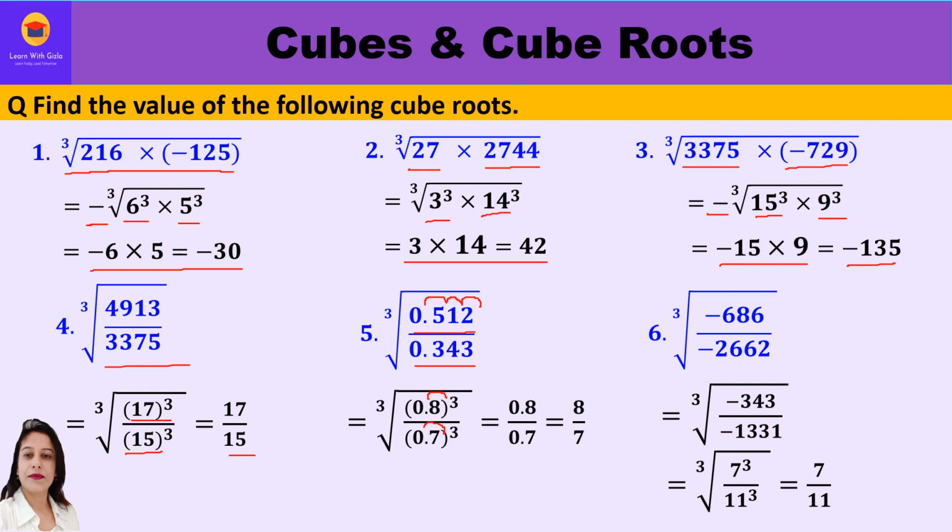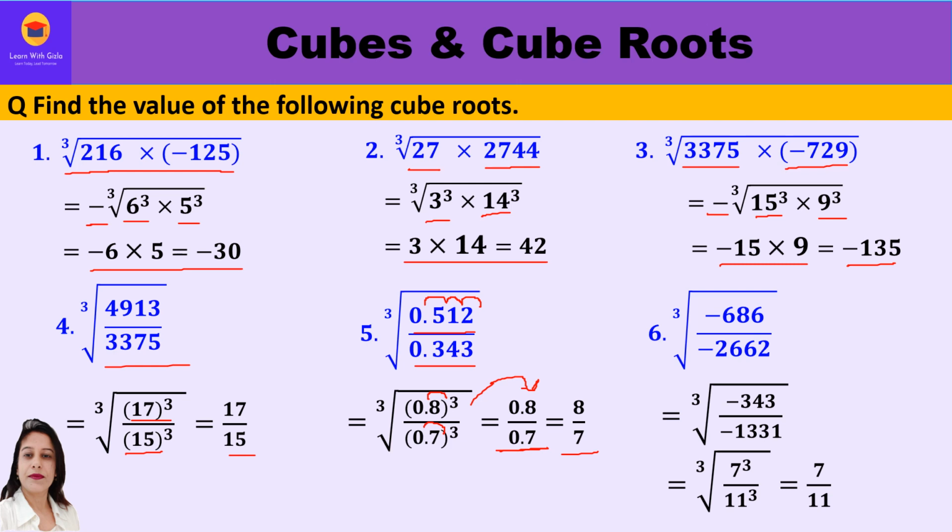Right? And outside the cube root of these numbers we can write 0.8 upon 0.7. One of the factors we have taken outside, right? And now we can remove the decimal and we can get 8 by 7.